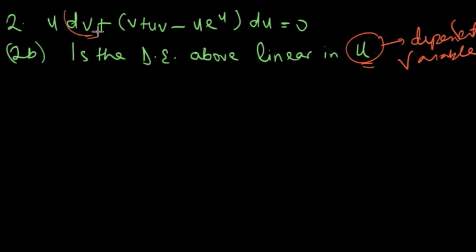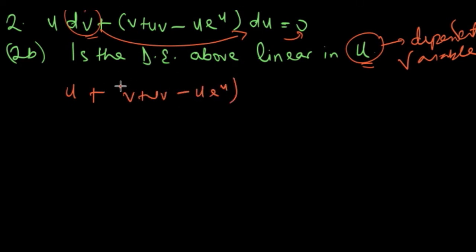How do we do that? We divide both sides by dV, and what we have is (u plus v plus uv minus u e^u) du/dv equals 0.